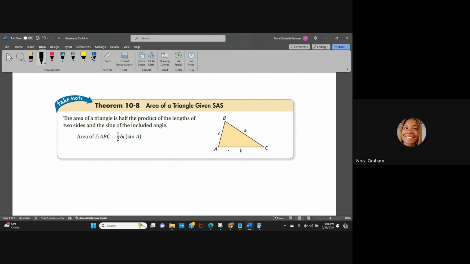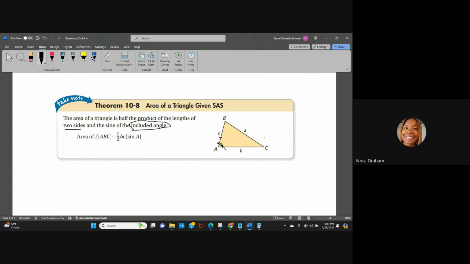This theorem is basically stating that we can find the area of a triangle by multiplying 1/2 my sides. The area of a triangle is half the product of the length of the 2 sides and the sine of the included angle. So this is also in my chapter 4. Included angle is going to be the angle that's in between any 2 corresponding or congruent sides.